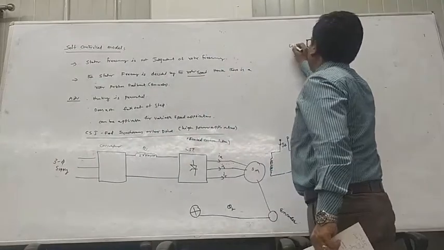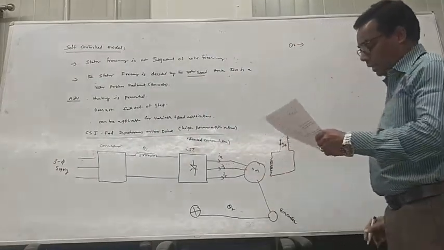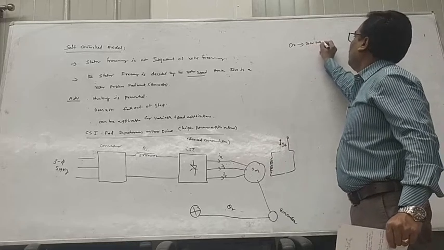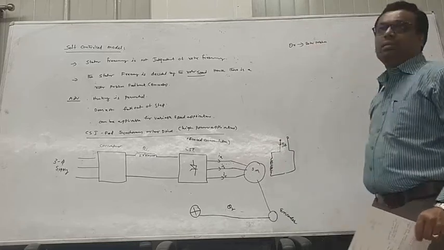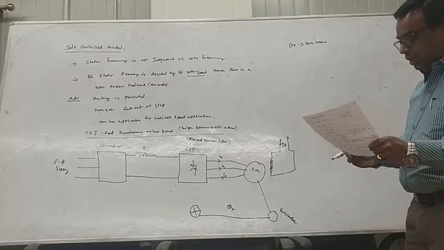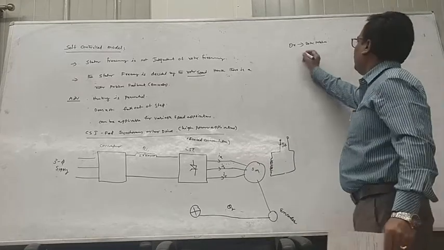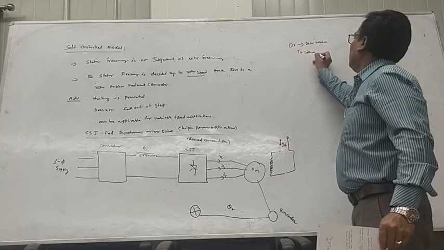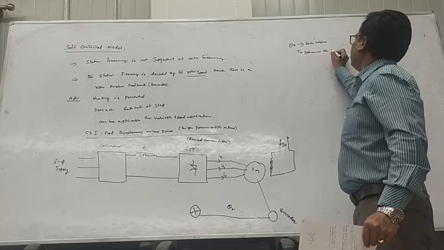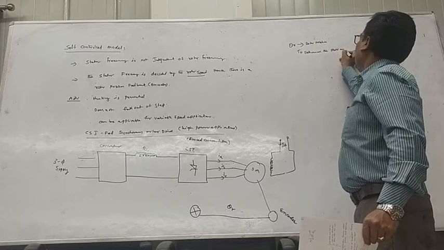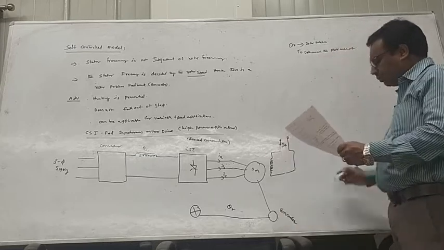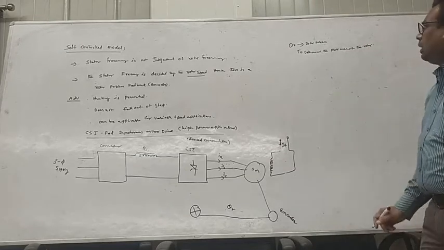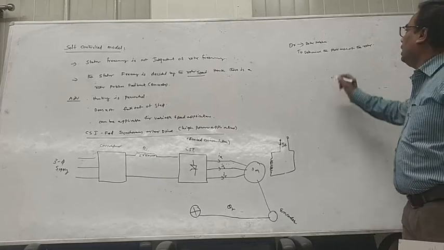Theta r is the rotor position angle, used to determine the phase angle of the rotor.